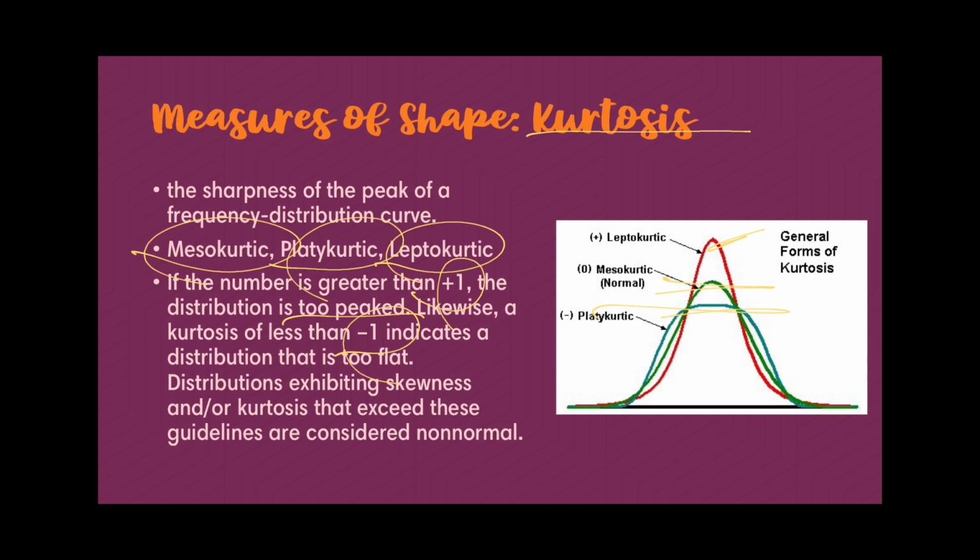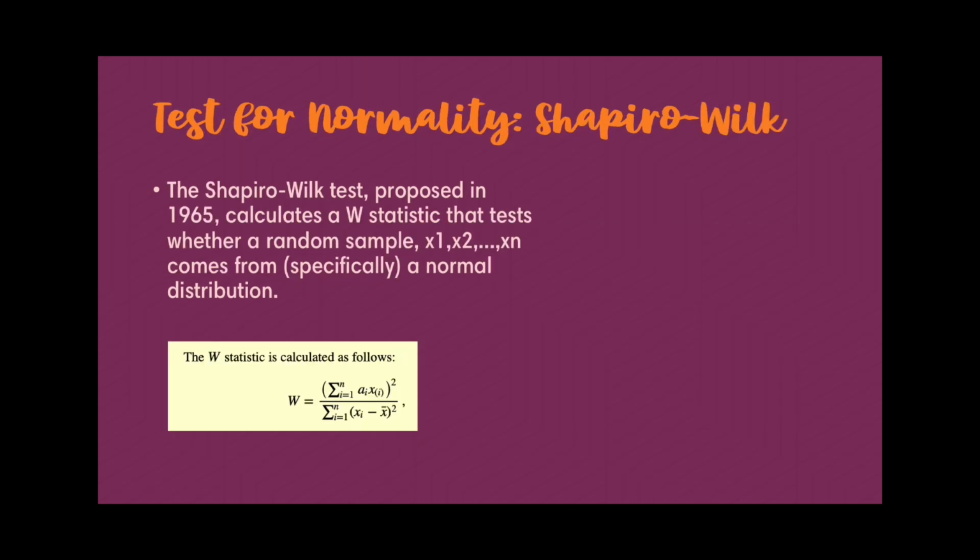And of course, we want a normal distribution to be symmetric and also mesokurtic in nature, or normal lang kanyang kurtosis. But usually, researchers don't really have to go through the skewness and the kurtosis anymore. They can just go for a more direct measurement of normality, and that is the Shapiro-Wilk test, no, which we usually test immediately in the beginning so that we know whether or not we're going to use parametric or non-parametric tests.